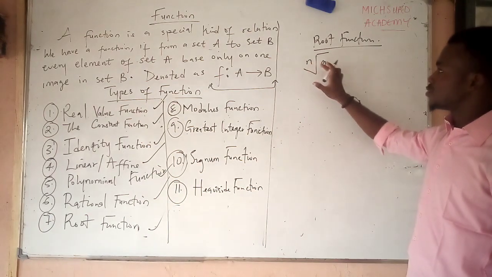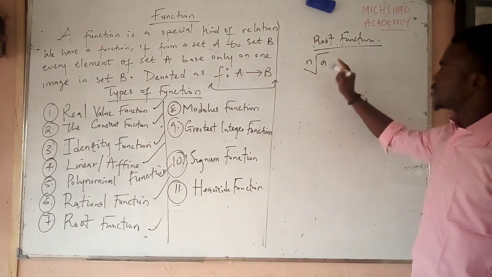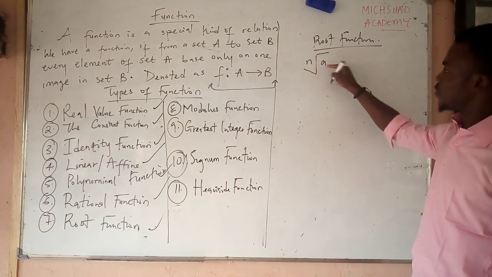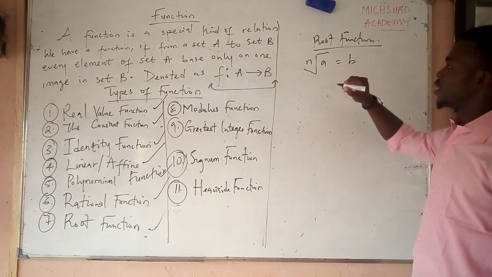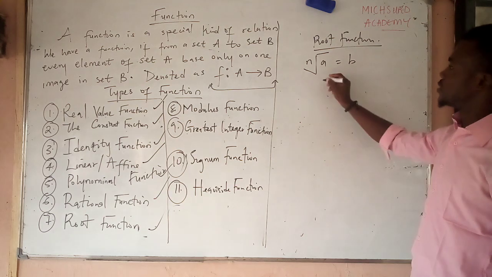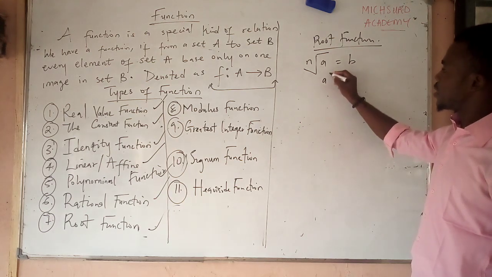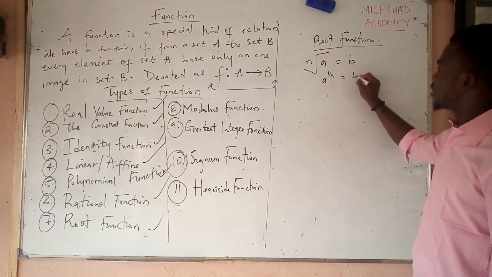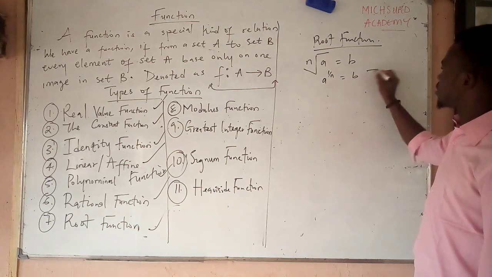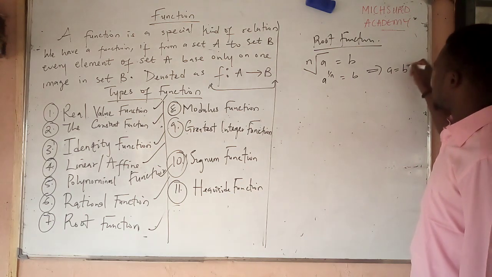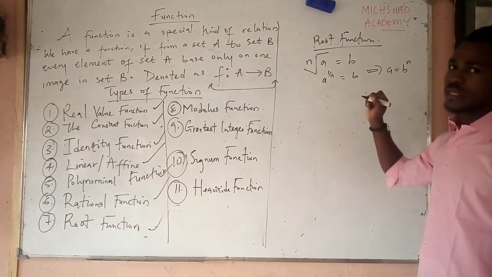Let's say that the nth root of a is equal to b. Now from our indices we know this is the same as a raised to power 1 over n equal to b, right? Which implies that a is equal to b raised to power n.